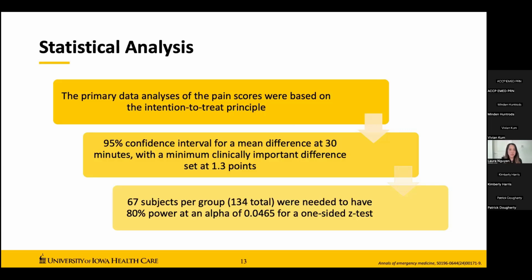The study design provided an 80% power to detect a statistically significant difference at an alpha of 0.0465 using a one-sided z-test. So to account for any possible missing data, such as early withdrawal, discharge prior to the study comparison, or an absence from the ED due to imaging, they increased the total sample size to 150 patients total.